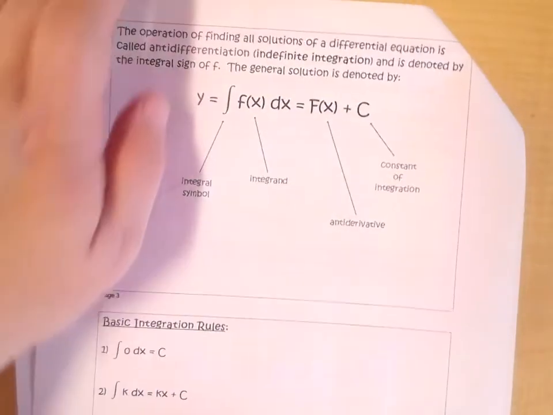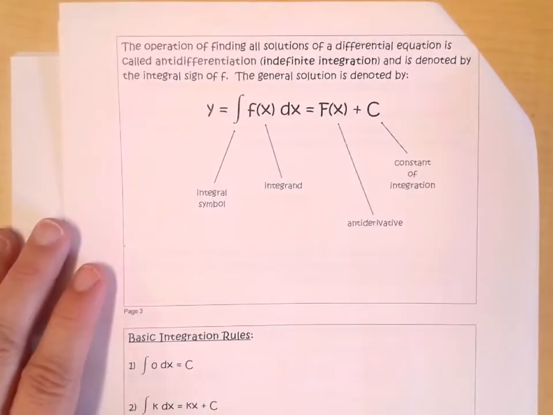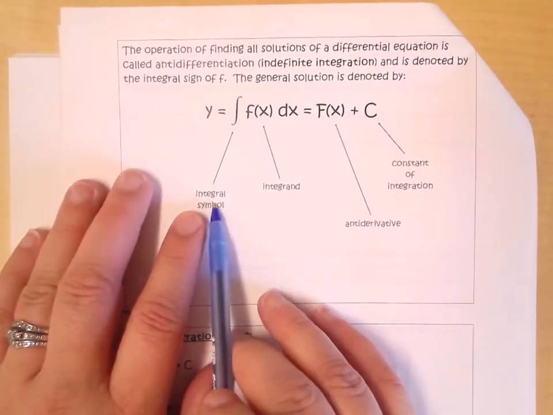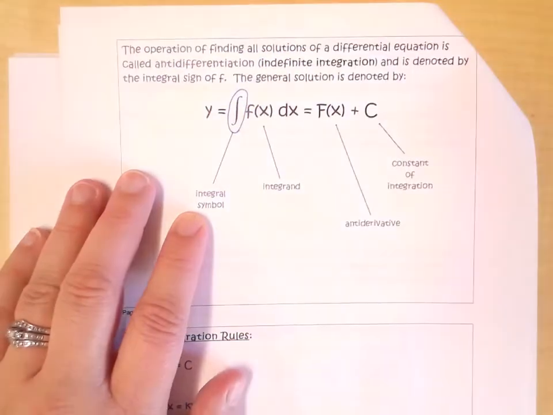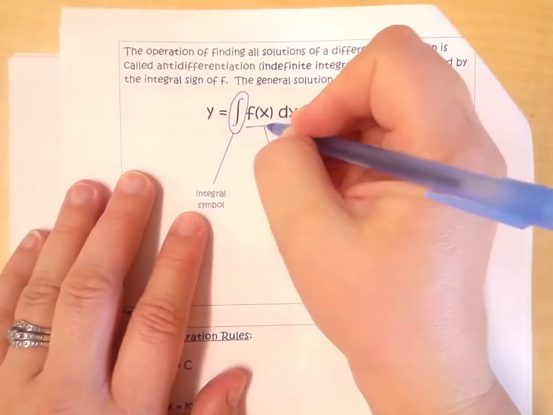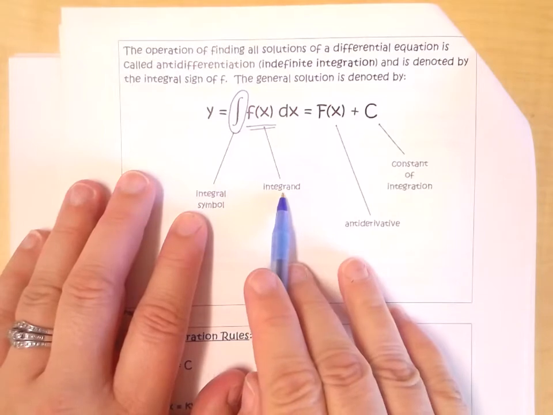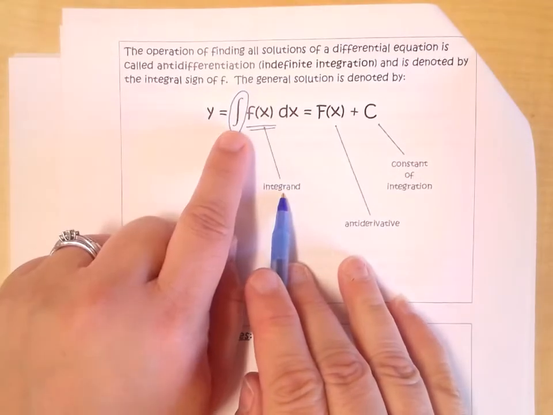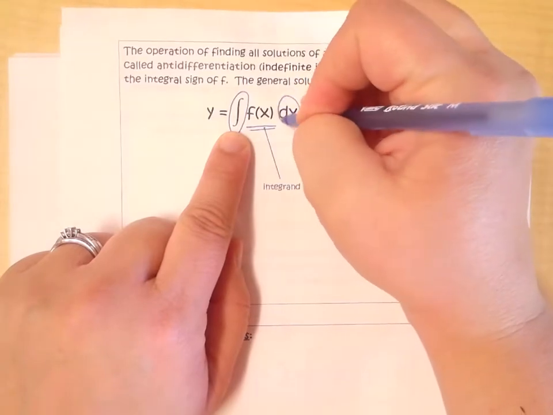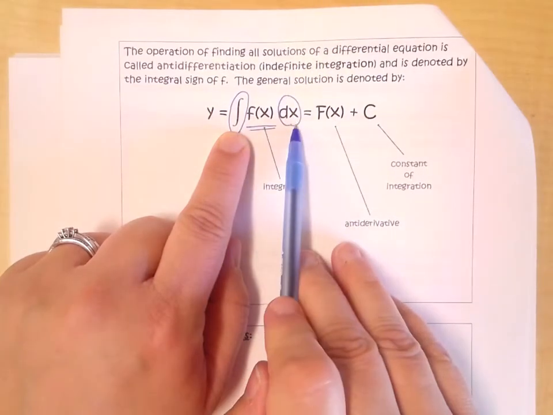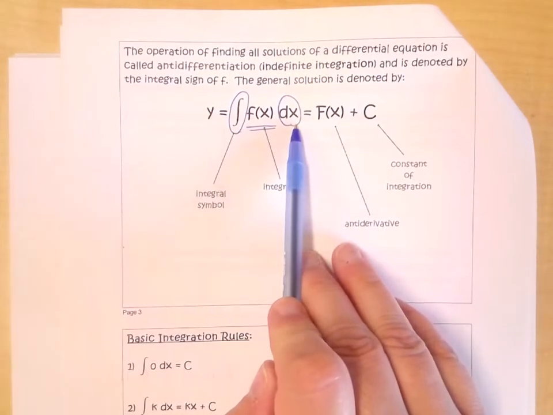And here's the general formula. When you take the integral, you're going to use the integral symbol. What's inside is called the integrand, and the integral symbol has on the other side the dx portion from our differential that we just did in 3.9.